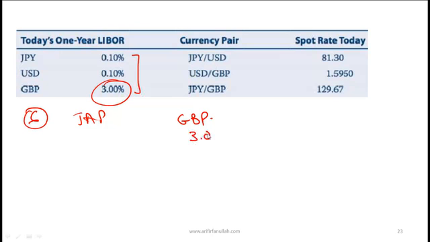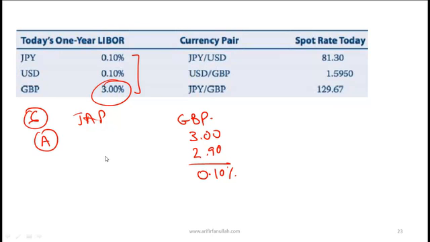So the UK investment will give you 3%, but from a currency perspective, you are going to lose the differential of these two, which is 2.90. So overall, your return will be 0.10%. So that means the correct answer for 6 is A.